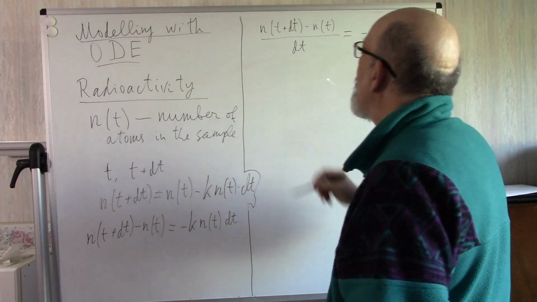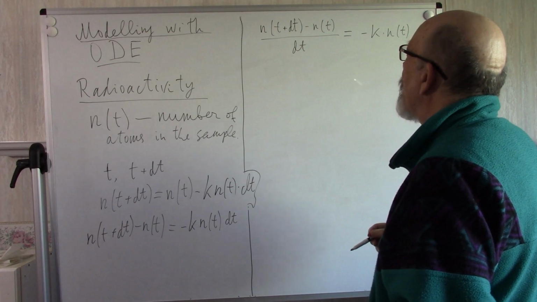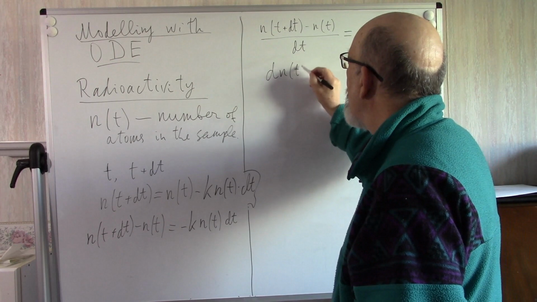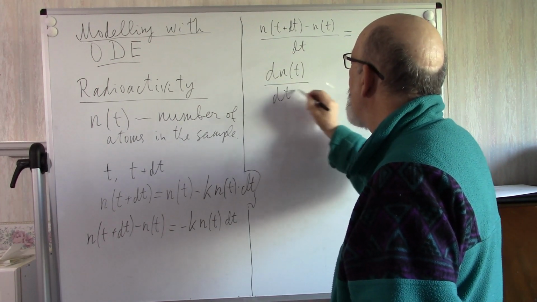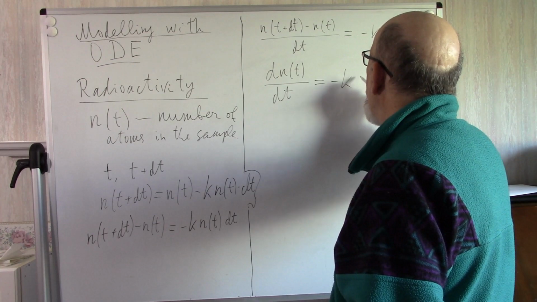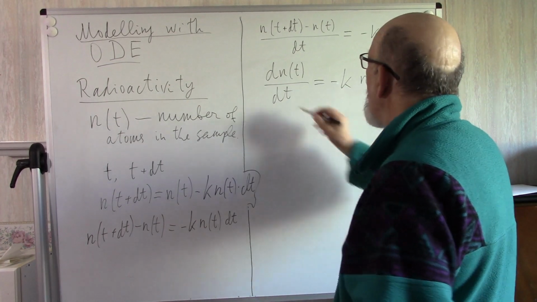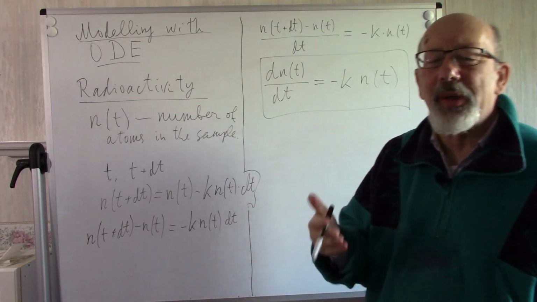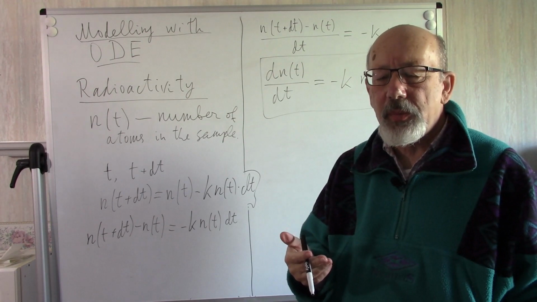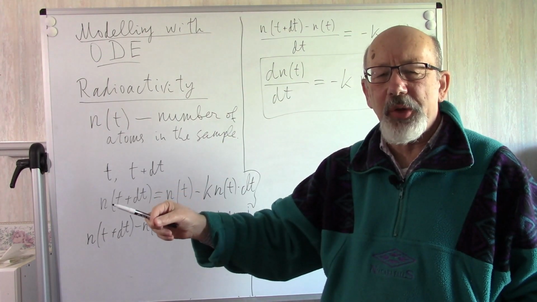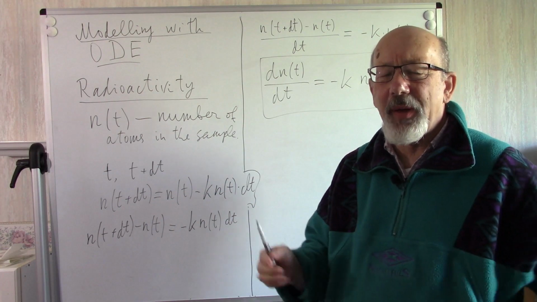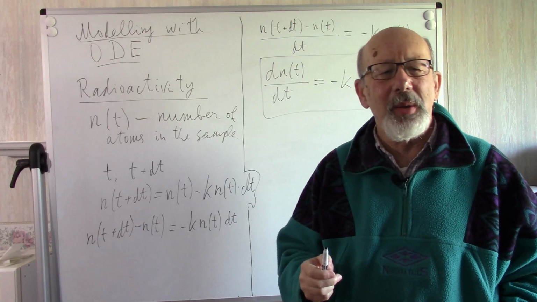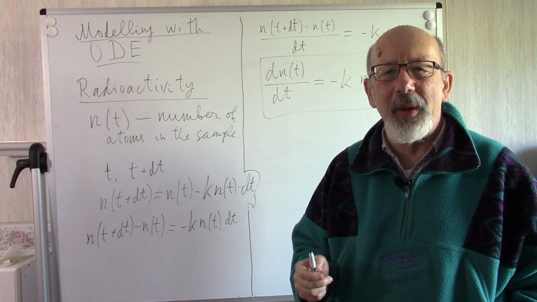Now, what is written here, if dt goes to 0, is nothing but the derivative. So it is dn of t over dt equals minus k n of t. So this is our equation. This equation describes the behavior of this function n of t if n of t is large enough, so that we can treat it as a continuous variable.